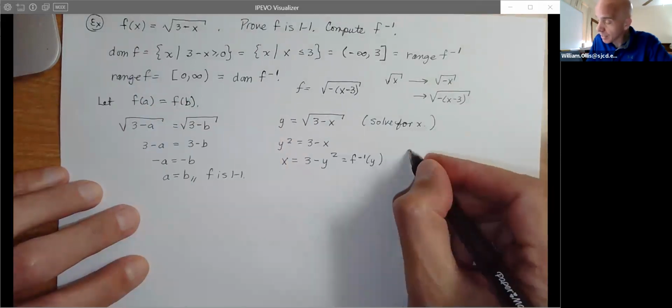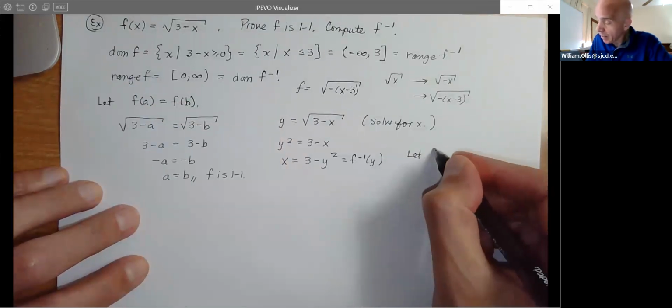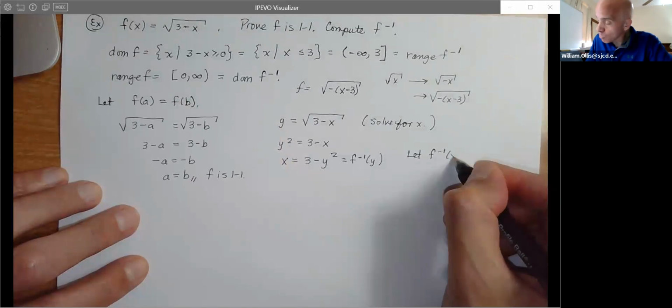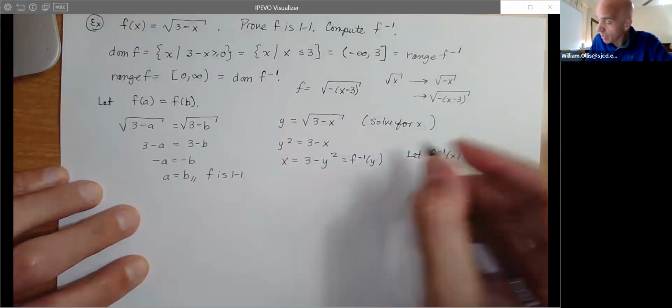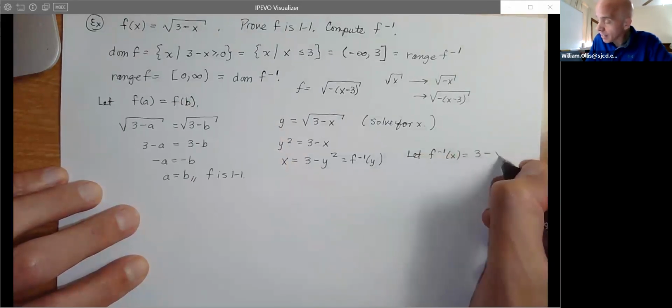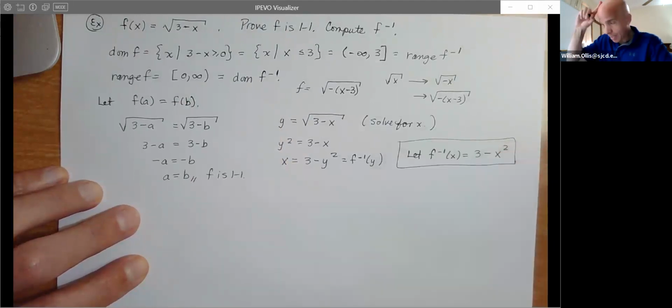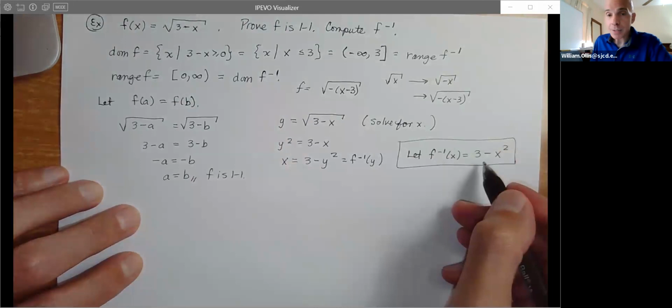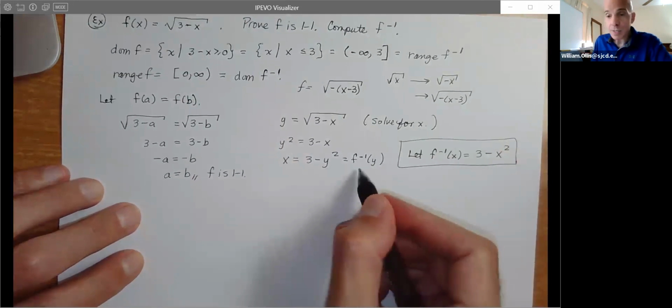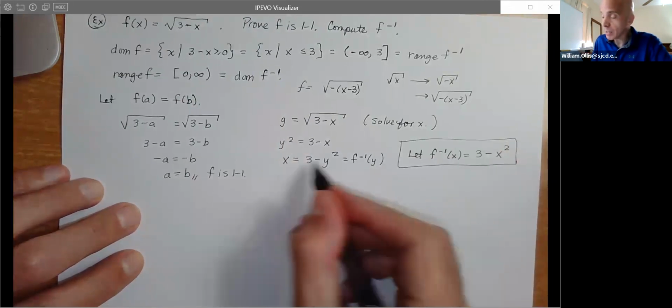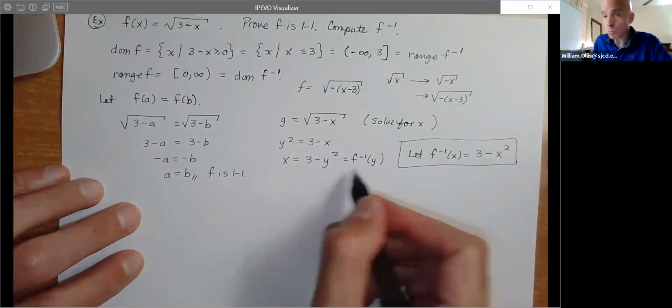So now we'll say let f inverse of x, we just now switch it out, be 3 minus x squared. So just for convenience, ladies and gentlemen, we do this. This is really what gives us the information we need, and we really relish this, especially with word problems.